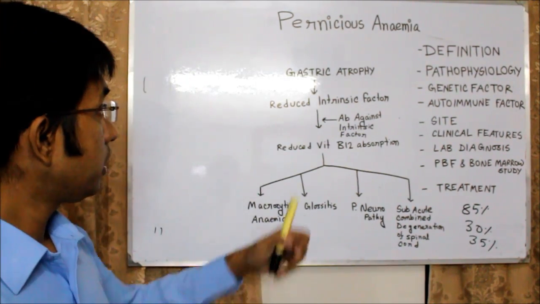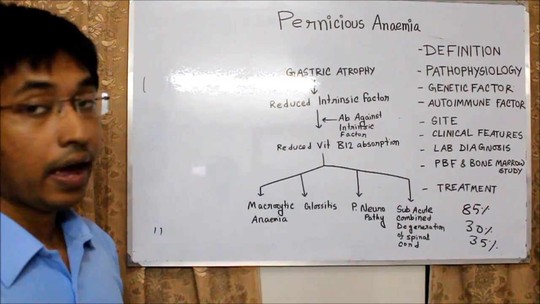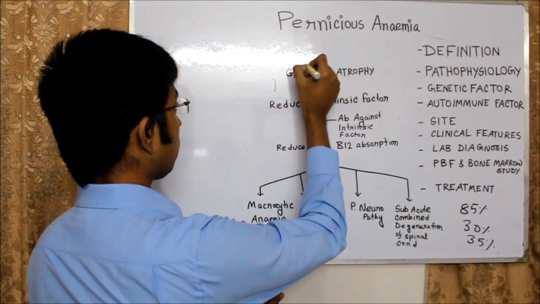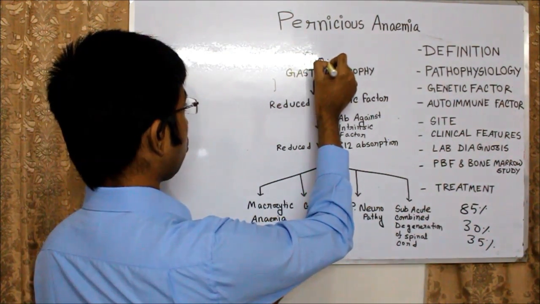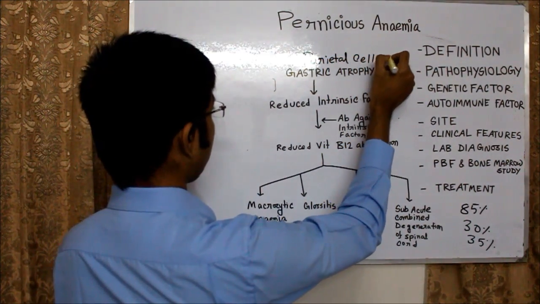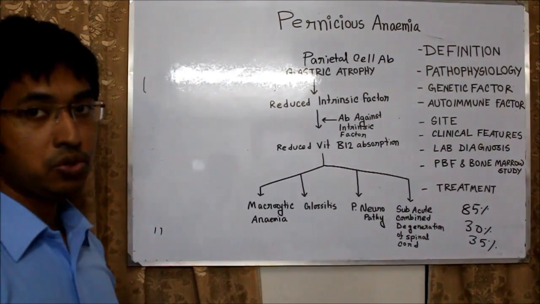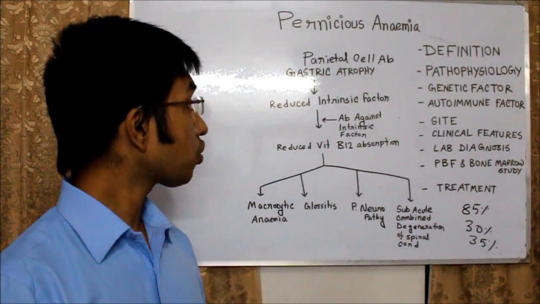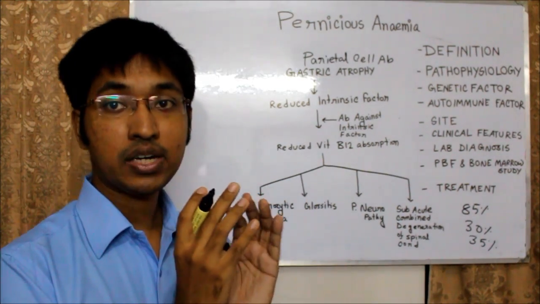Like I said, initially we are having antibody produced against the parietal cell of the stomach. That antibody is doing what? It's causing shrinkage of the parietal cell.